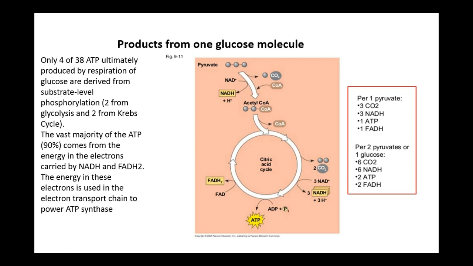The vast majority, 90%, comes because that NADH and FADH2 are carrying electrons. Those electrons then go into the electron transport chain that then generates the product that causes the phosphorylation of ADP.